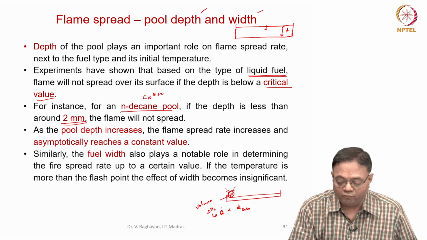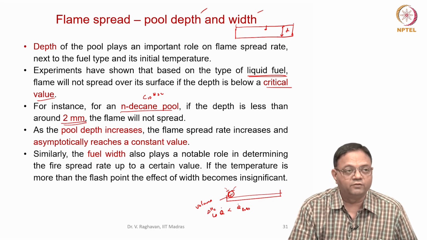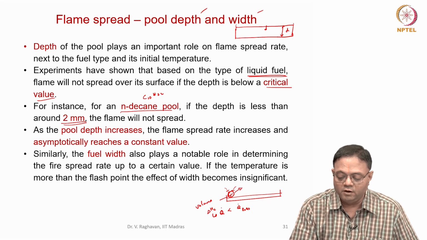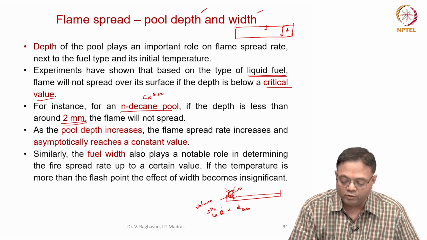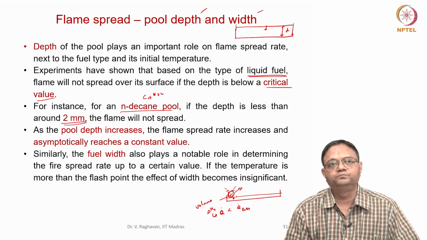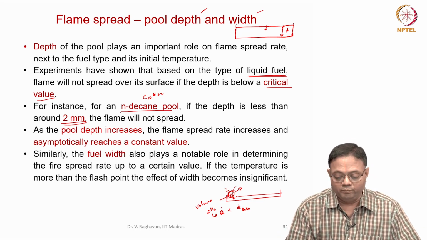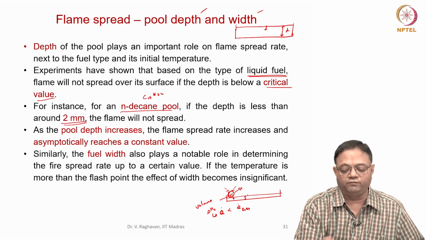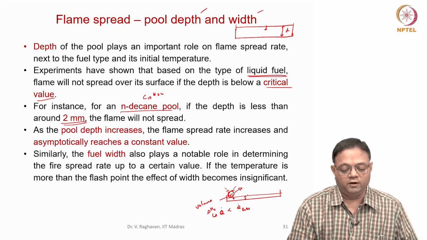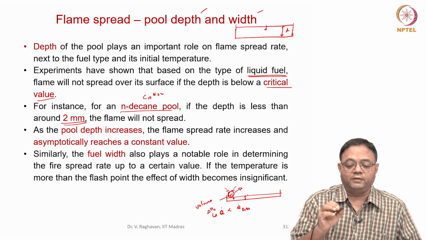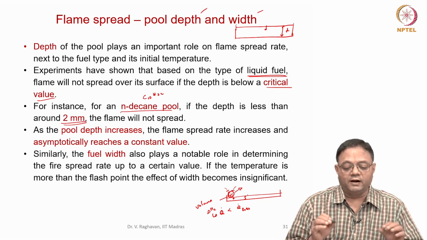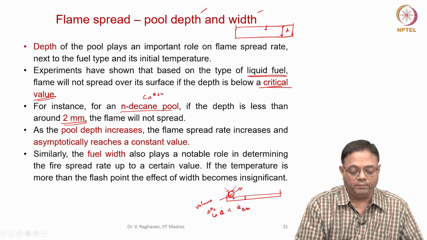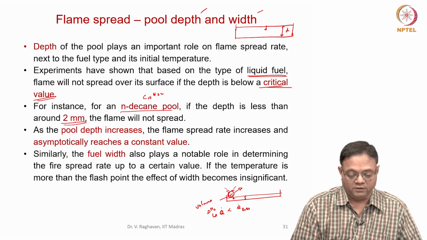That means whatever flammable mixture is formed will produce some heat release, but this heat will be lost to the environment, so that this will not be able to heat up the layer and the flame will not spread. So the depth plays an important role in this. Critical depth is present for different fuels. For N-decane it may be around 2 mm, but for other fuels it may be different.